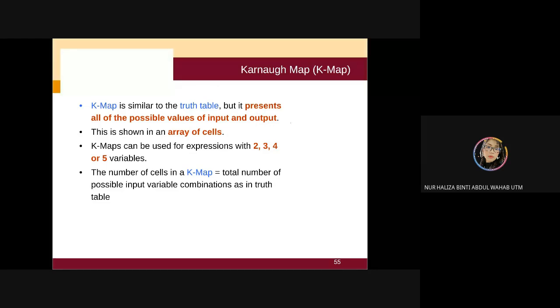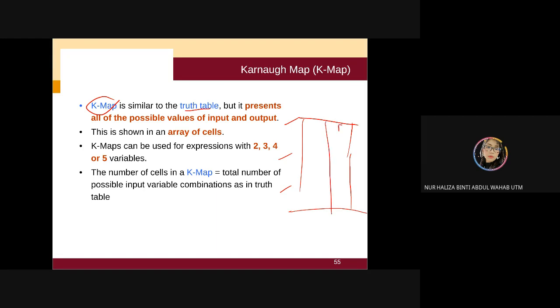You can read and go through it one by one, but I'm going to highlight the important things. KMAP is similar to a truth table, but slightly different in terms of the table representation. Last time you had this kind of table, here is the output, here is your input.